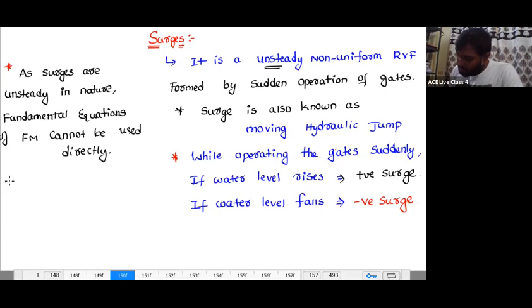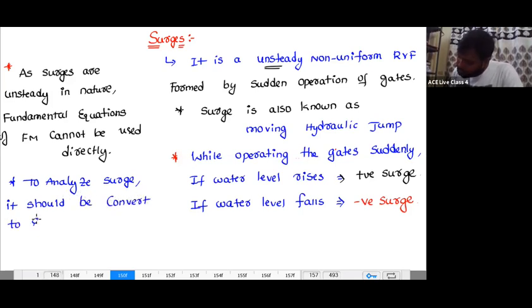Okay. So now to analyze a surge, it should be converted to an equivalent steady state.